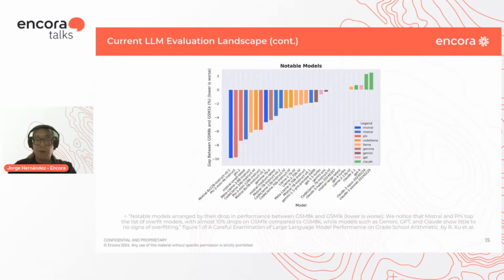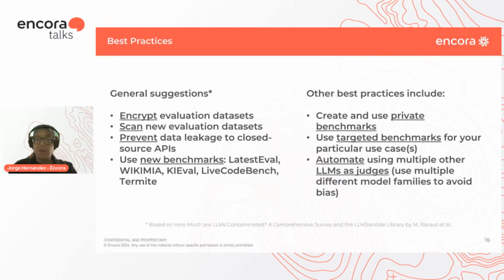For example, here you can see on the left how Phi 2 way overfits GSM-8K and performs very poorly in GSM 1K, which doesn't make sense if it were actually doing reasoning, if it were actually solving the problems the way we humans do. So that's a big problem.